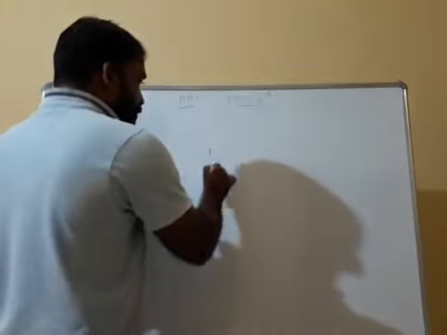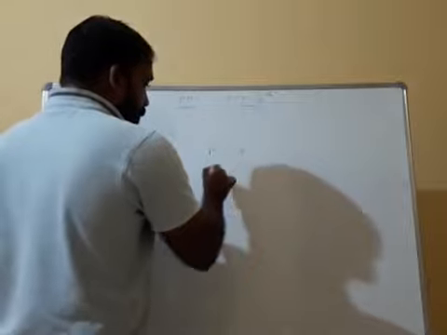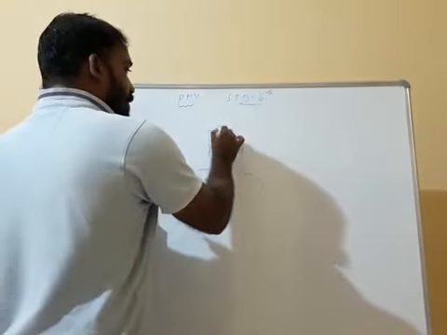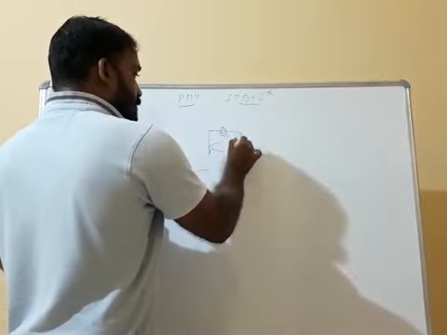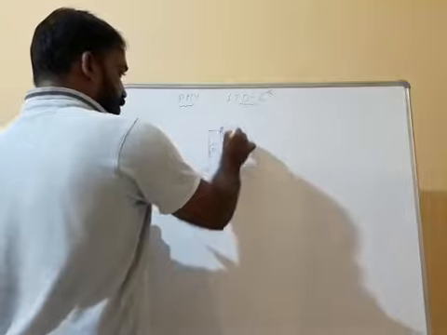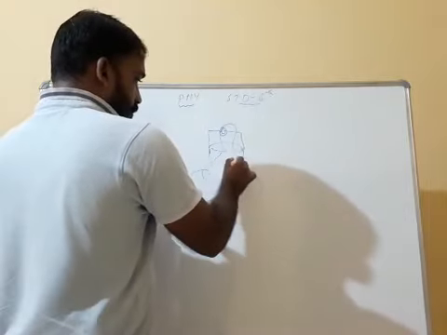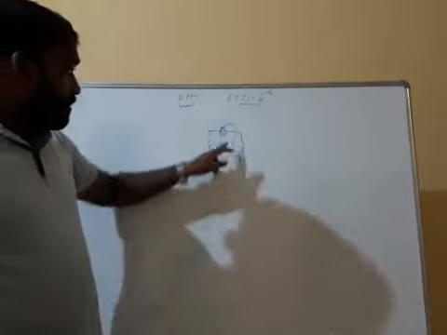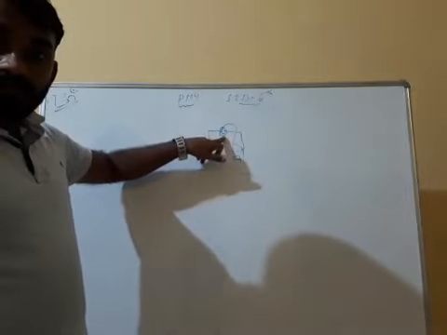Let's see. Suppose it is a tube well. Here one rod is there, and here one pulley-like structure is there, you can see. From here one thread is moving outside, another thread is moving inside. So this is called a pulley.